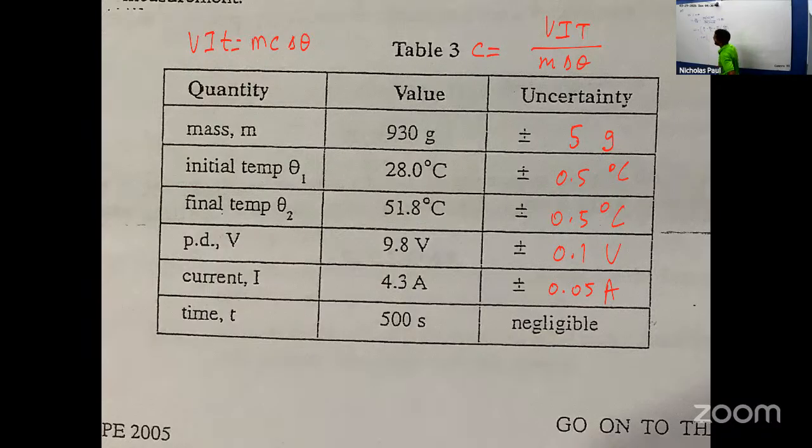You have to plug in your values with delta V, delta I, 0.05 all over 4.3, delta M 5 over 930, and the error in theta 1 and delta theta is 1, right? And delta theta was this again? 20.